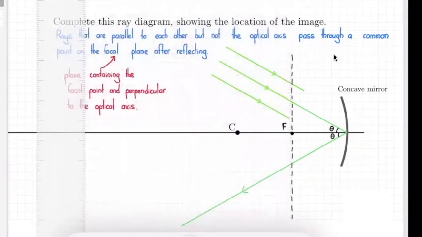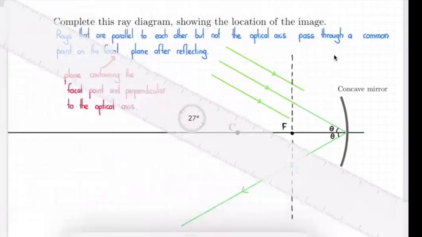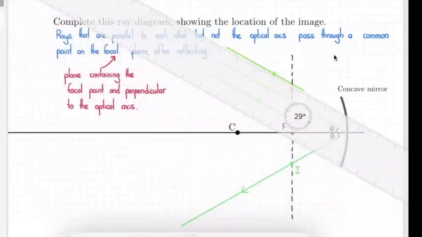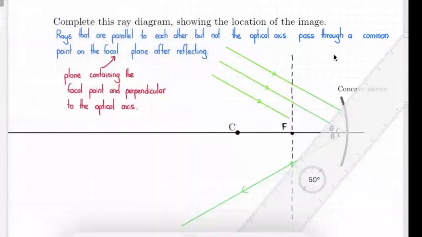We know that the image of this distant object is going to be somewhere on the focal plane. So all we have to do to locate the image point is look at where that reflected ray goes through the focal plane, which is this point here. So the other two rays, well, they're going to reflect back through that point. So to draw those on, all we need to do is extend them up to the mirror and then make sure that they're reflected.